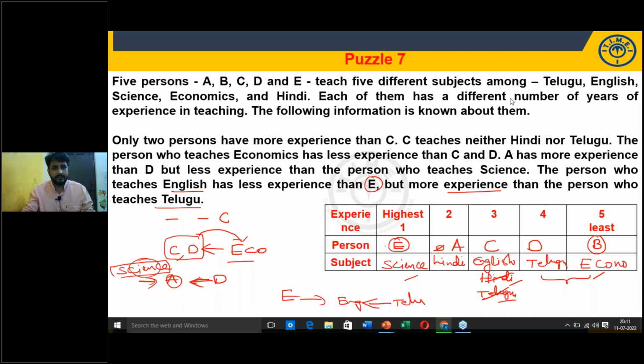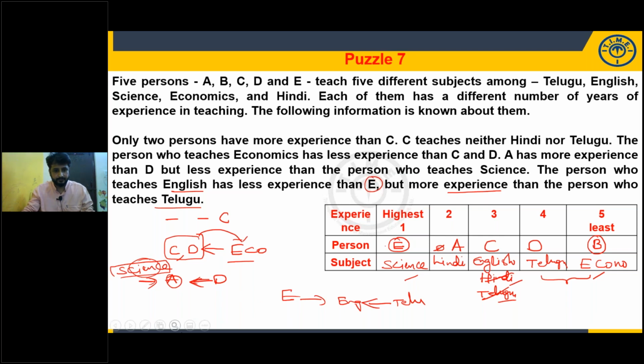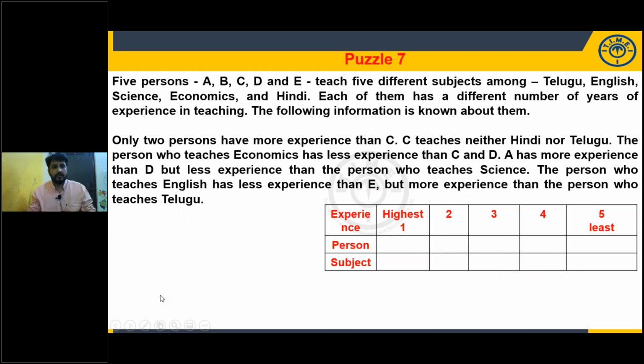Okay, let me explain again. It is given only two persons have more experience than C. So C will be here, with two people before C. C teaches neither Hindi nor Telugu, so H cannot be here, T cannot be here. The person who teaches economics has less experience than C and D. It means C and D have more experience than economics.